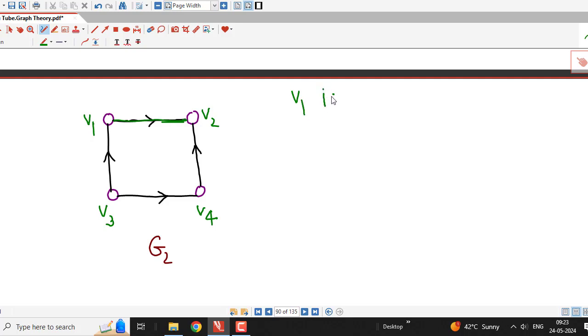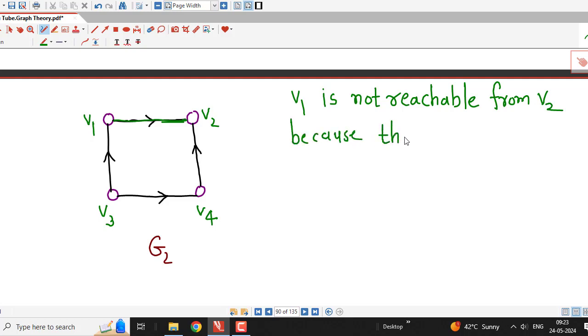V1 is not reachable from V2 because there is no path from V2 to V1.